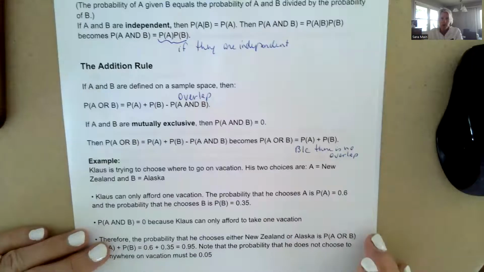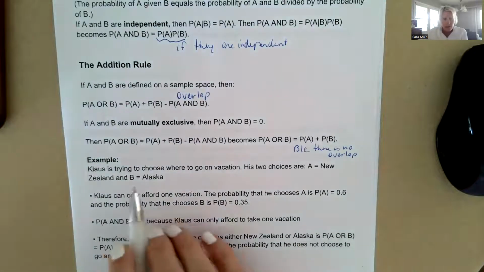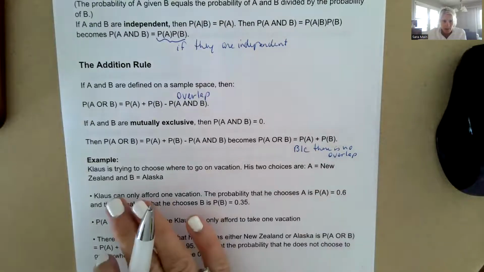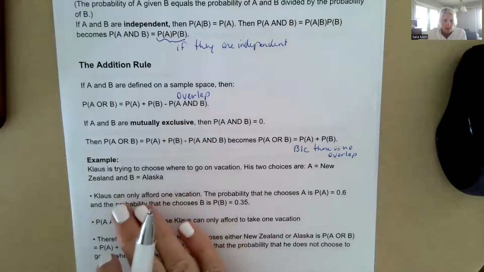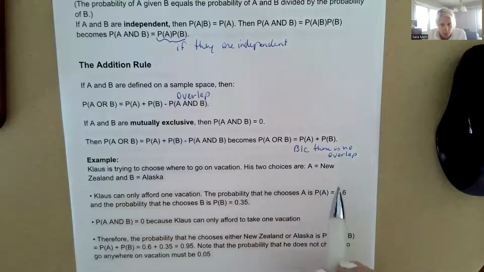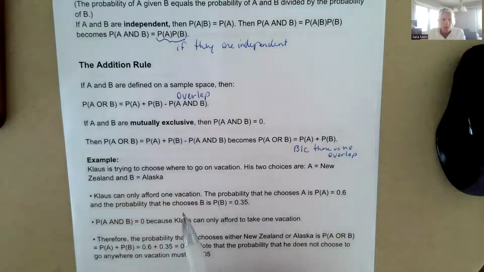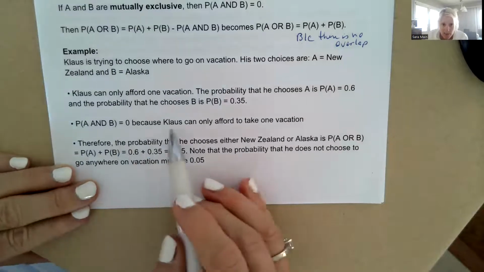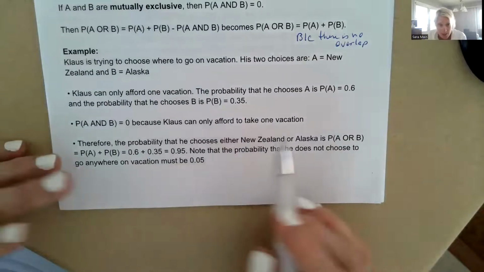Well, let's look at a few examples. Klaus is trying to choose where to go on vacation. His two choices are A, New Zealand, or B, Alaska. Klaus can only afford one vacation. The probability that he chooses A is 0.6, and the probability that he chooses B is 0.35. The probability of A and B is 0 because Klaus can only afford to take one vacation.